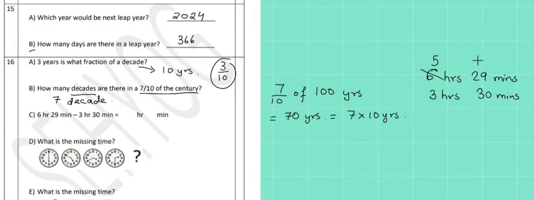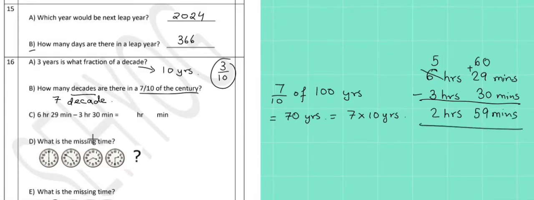So we have to borrow 1 hour, that is 60 minutes, from the number of hours. So 5 minus 3, 2 hours, and 60 plus 29 minus 30 gives us 59 minutes. So 2 hours 59 minutes is our answer.